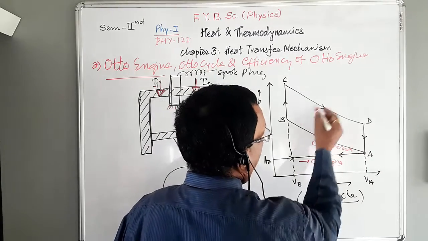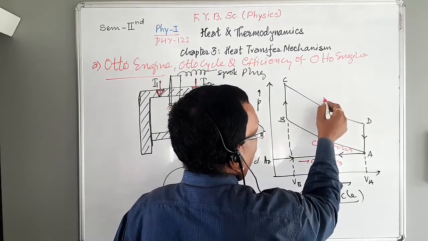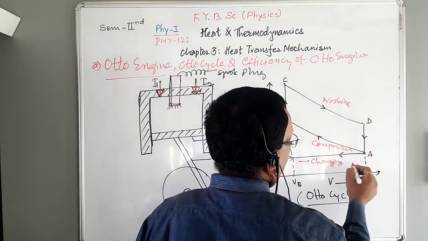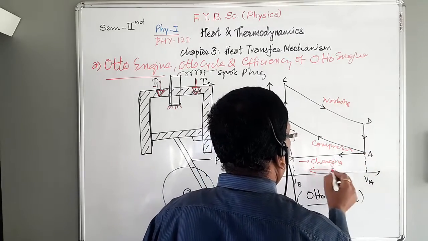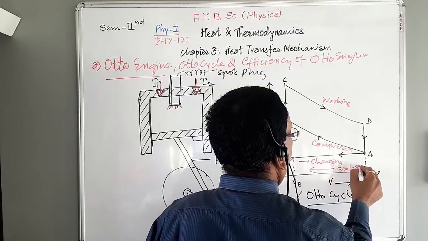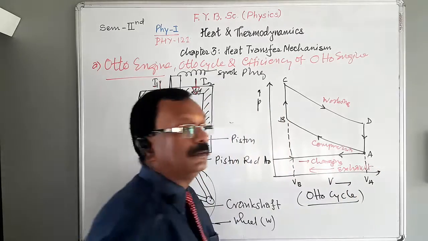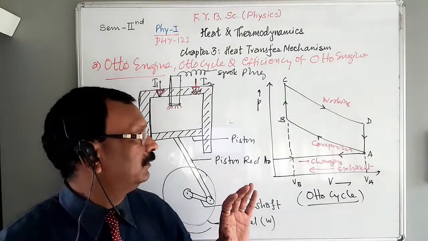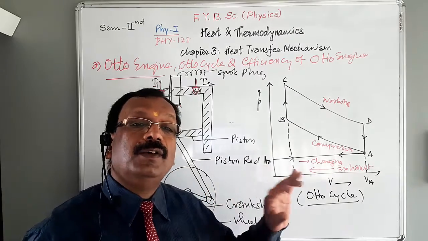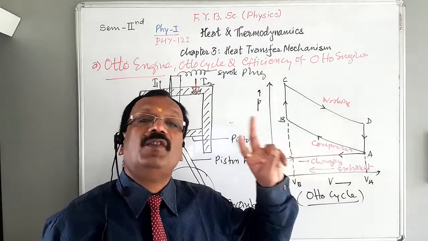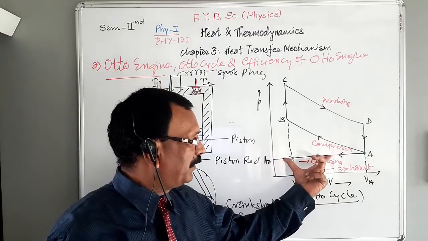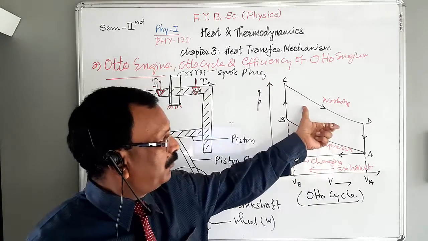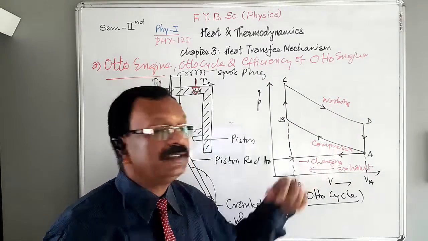Then the last one is the working stroke, and then the exhaust stroke. There are 4 strokes, but one cycle of operation involves 6 operations. This is operation 1st, operation 2nd, operation 3rd, operation 4th, operation 5th and operation 6th.